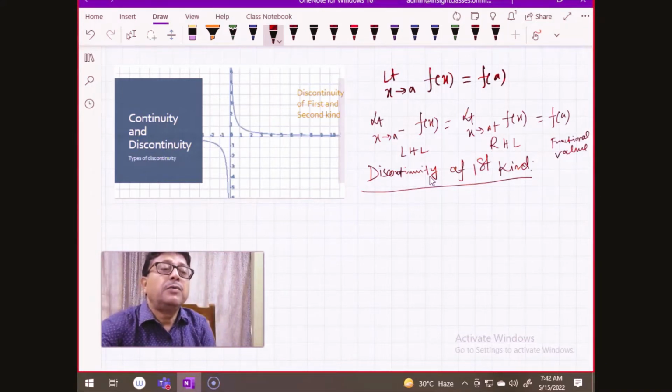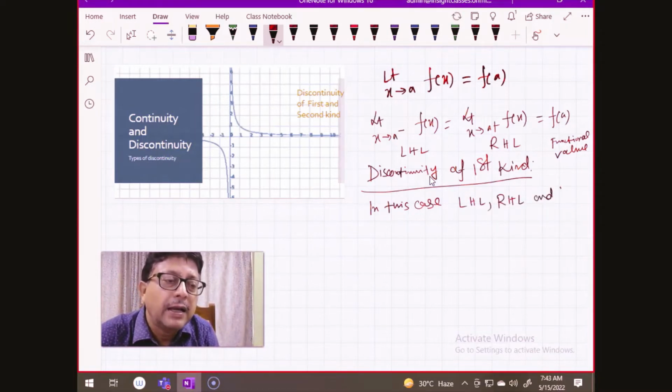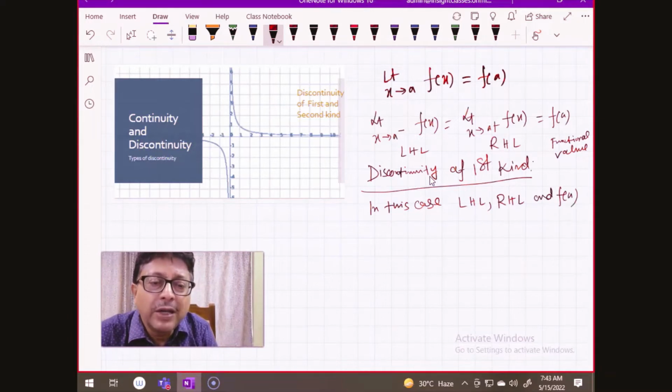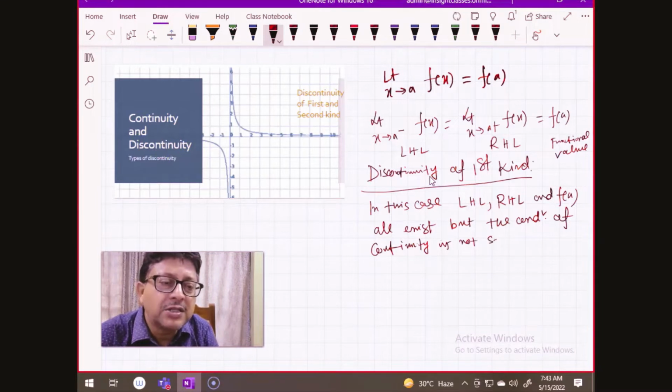Now, when a function is discontinuous of first kind, then LHL, RHL and f(a) all exist, but the condition of continuity is not satisfied.